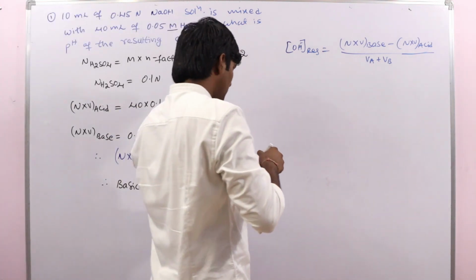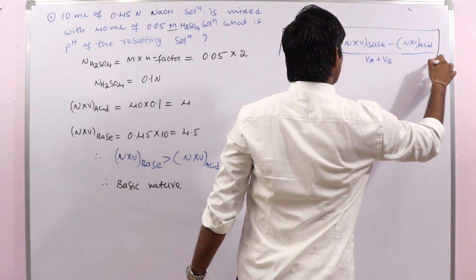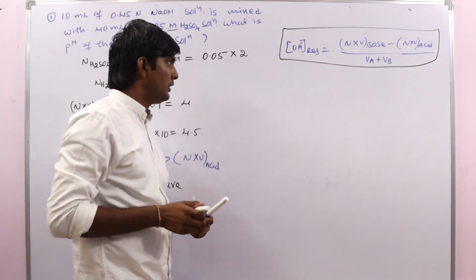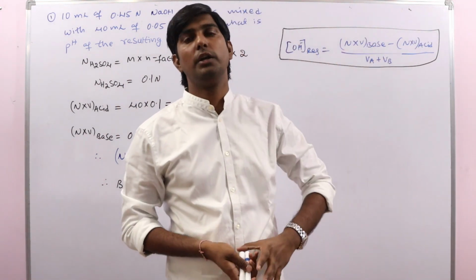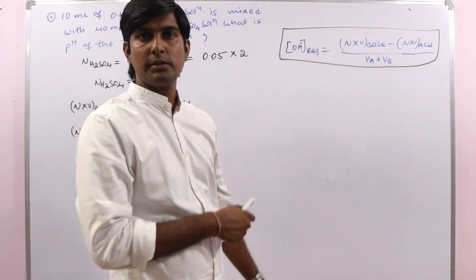See here, in the previous problem, number of equivalents of acid is greater than number of equivalents of base. So in that case we have taken N into V of acid minus N into V of base. There we got the resultant H plus ion concentration.